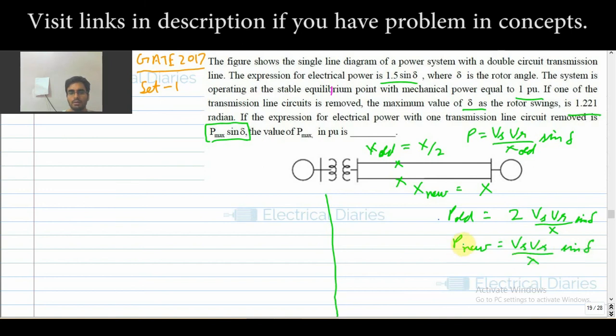So you can see that in the next case, when one of the lines is removed, your power has decreased. This is one thing we must be able to analyze after reading this question. Let me rub this off.